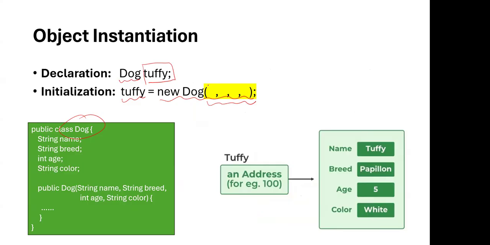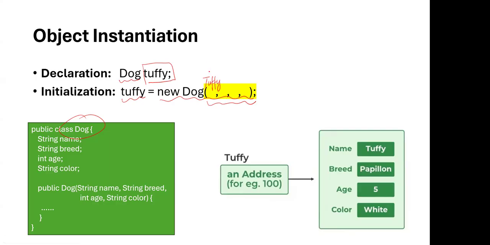For the name of the dog, that is Toffee, right? So Toffee is supposed to be here. And the same thing. Aiden is writing something in the chat. Toffee, Papillion, 5, white. Yes, correct.